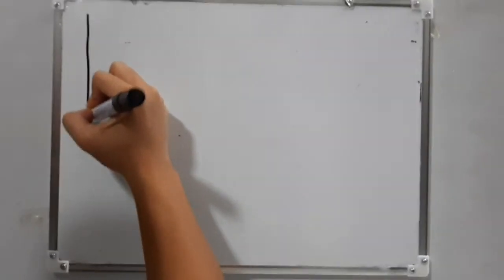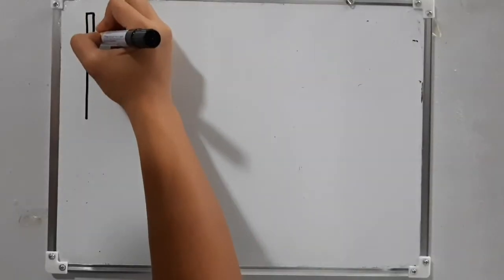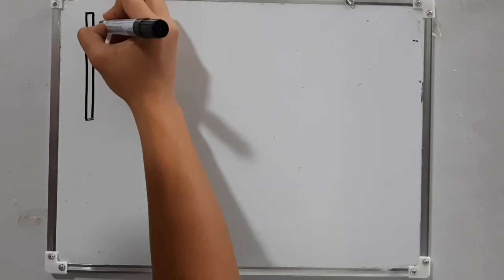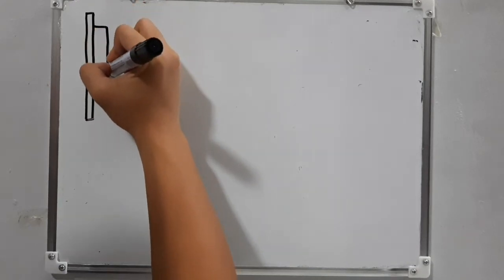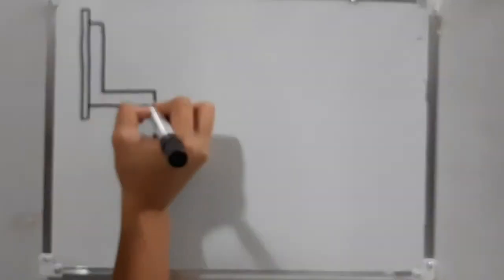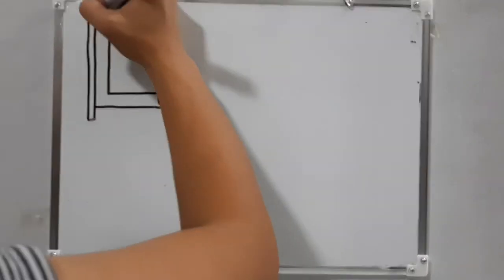Most of the time, single lang yung ating welded connection. For example, you are given an angle welded to a plate. For example, this is your plate, and you have an angle welded to that plate. So this is the section view.